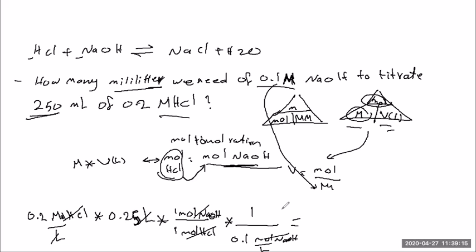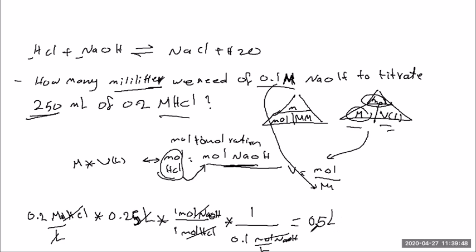And here we will get 0.2 times 0.25 divided by 0.1, we will get 0.5 liter.